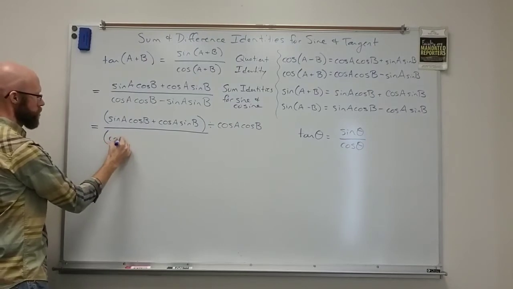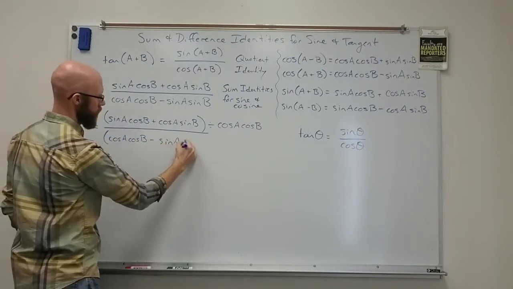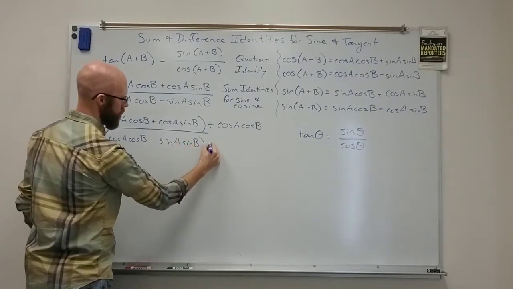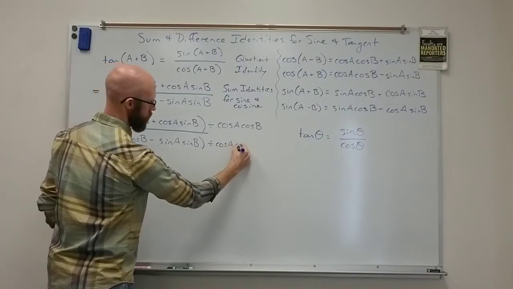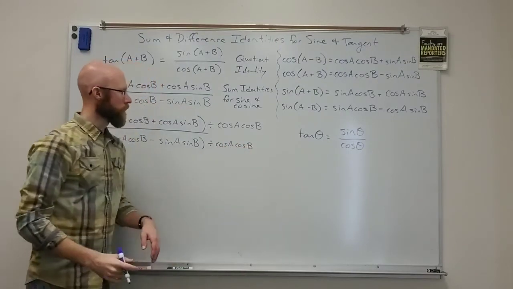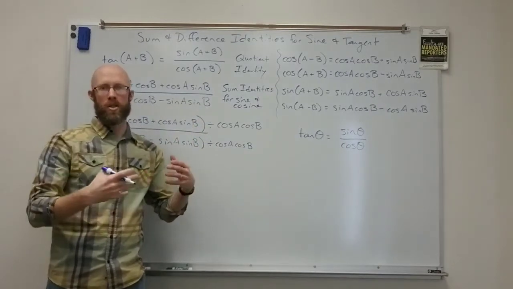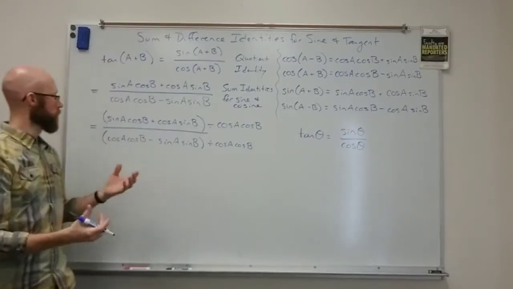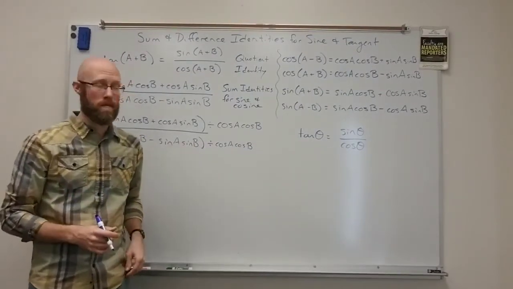So I'm going to take cos A cos B minus sine A sine B, and I'm going to divide that by the cosine of A cosine of B. Again, as long as I'm dividing the same thing to the top and bottom, we haven't changed the value of the fraction. It'll still be equal to the previous fraction. It's just going to look different.